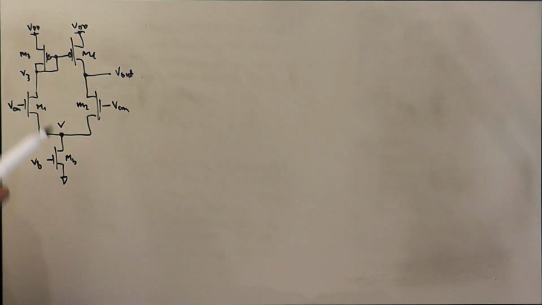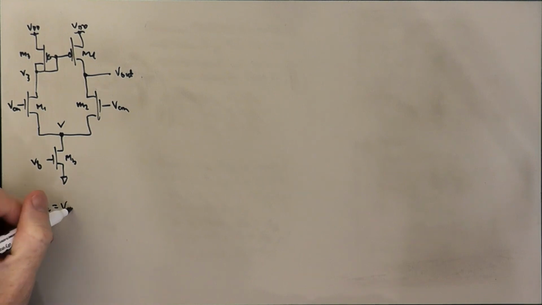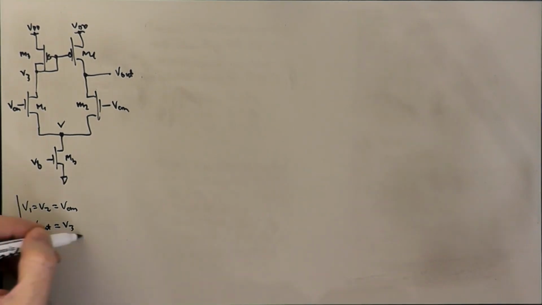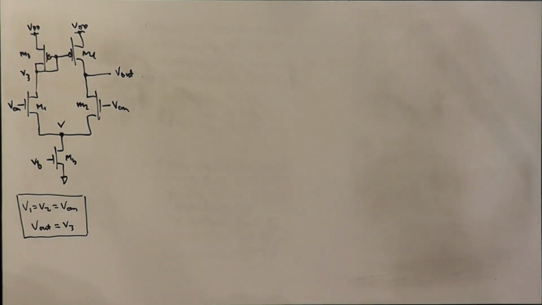That's the only time. So when V1 equals V2 equals some common mode, then V out will be equal to V3. Okay, that's what we've figured out with a finite early effect.